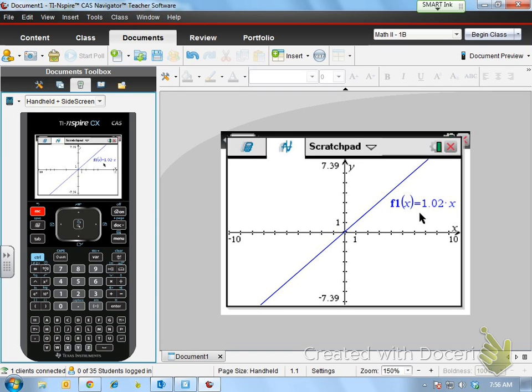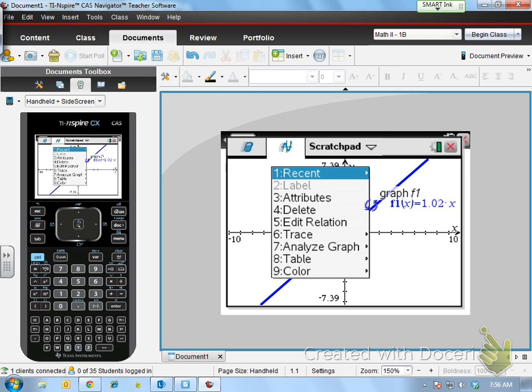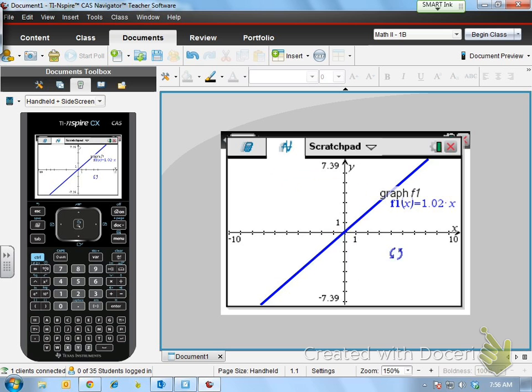If it's not showing, hit tab. Tab will make the f of x show up. Okay? So, you want the moving arrows to show up, and then if you hold down, it's not showing it on the board, but a hand should pop up and clamp down.